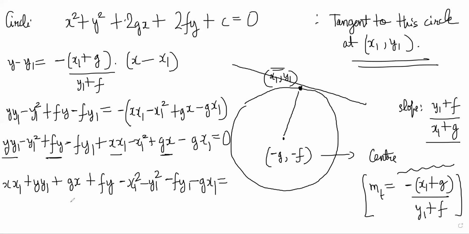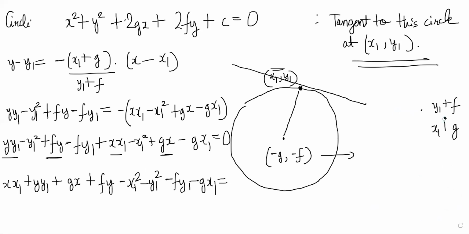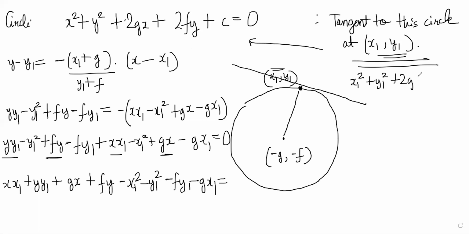Now, one thing that we will realize here is that x1 comma y1 lies on the circle, right? x1 comma y1 is a point on the circle, correct? So therefore, x1 comma y1 will satisfy the circle equation, no? So you have x1 square plus y1 square plus 2gx1 plus 2fy1 plus c is equal to 0, right?